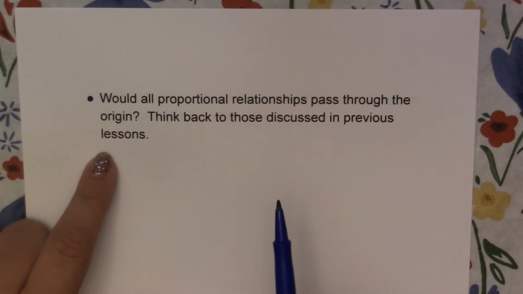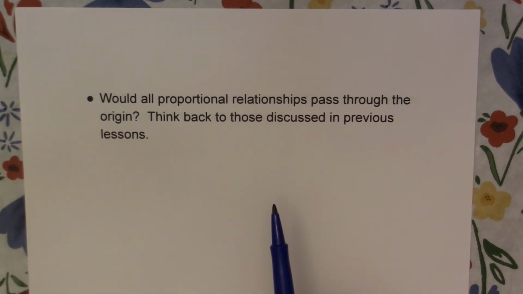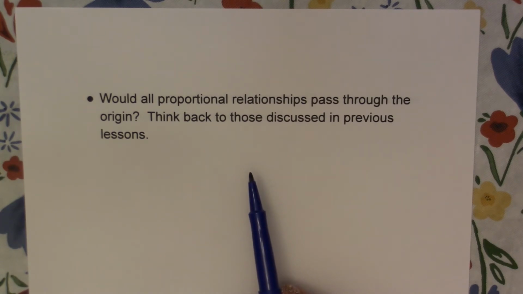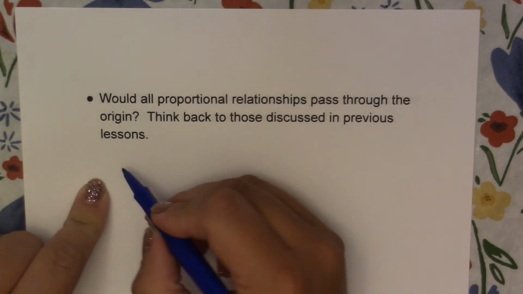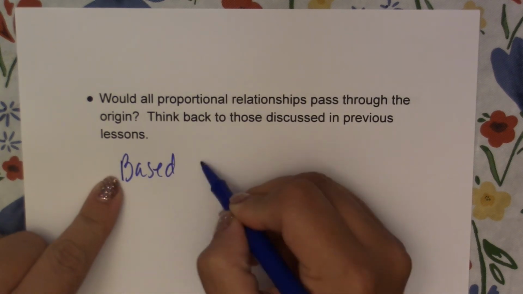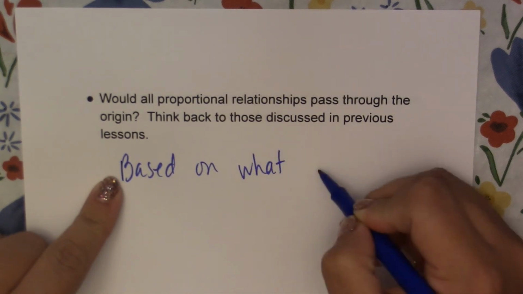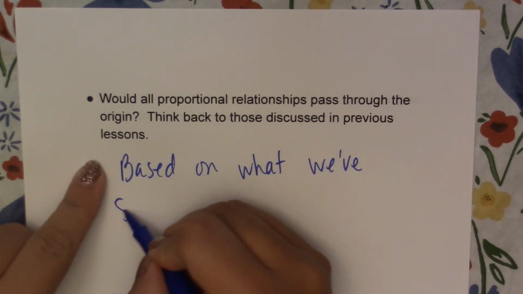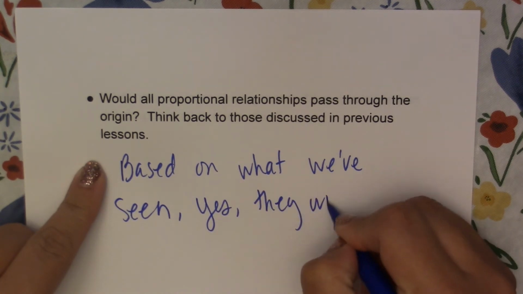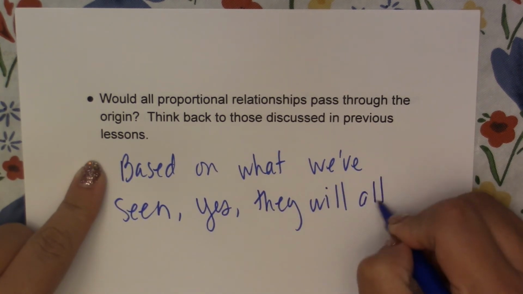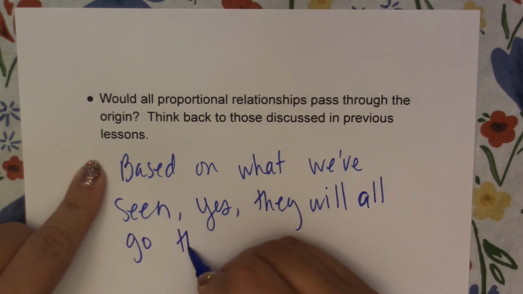All right, our next question here. Would all proportional relationships pass through the origin? Think back to those discussed in previous lessons. So all of those questions that we've talked about so far and all of our examples have always gone through 0, 0. So do you think all of them would go through 0, 0? I'm going to say, based on what we've seen, yes, they will all go through 0, 0.